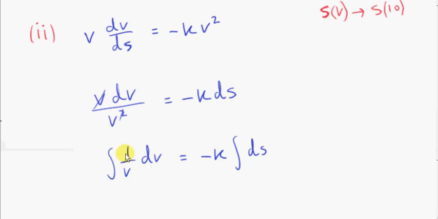So we are interested in the distance ranging from 0 when the particle just enters the block of gel, s is 0, to the final position, s, when the speed is 10. So s is a function of v, and v ranges from an initial velocity of 1,000 to a final velocity of 10.